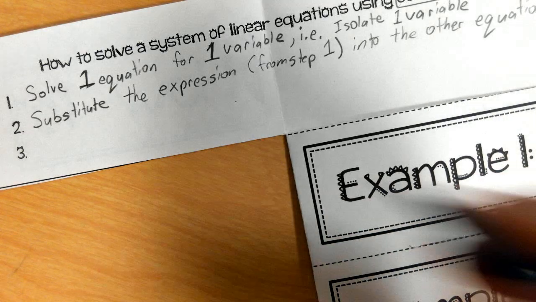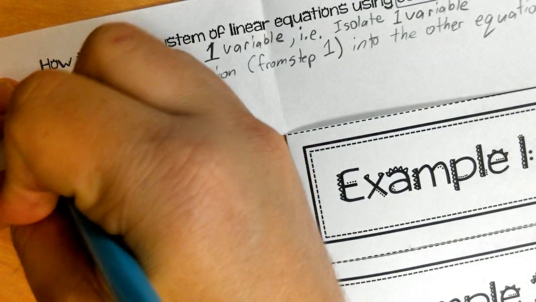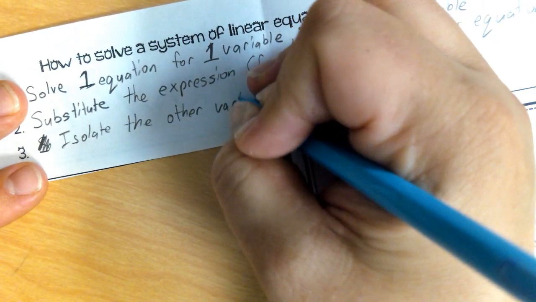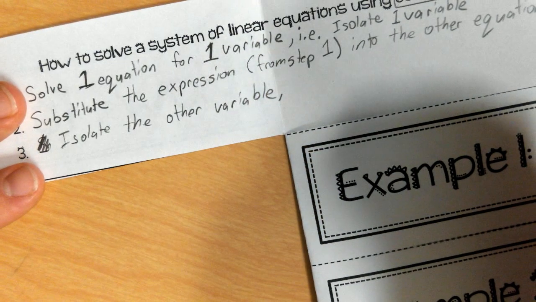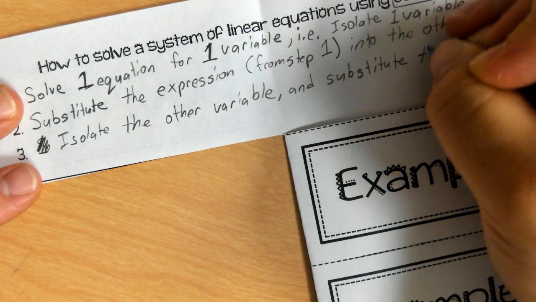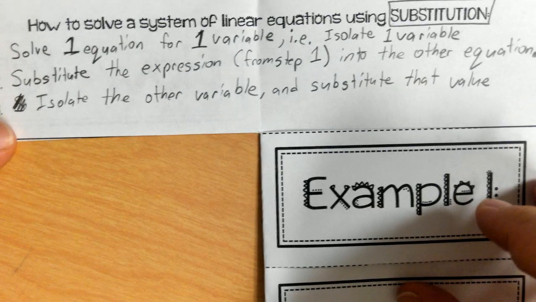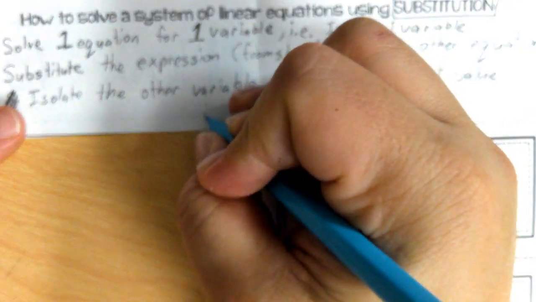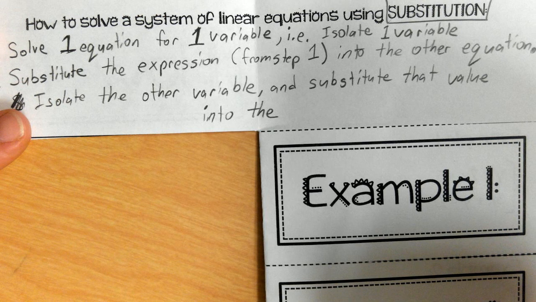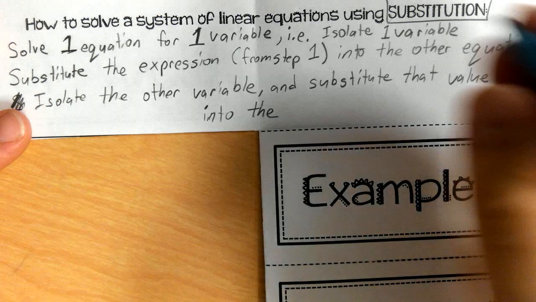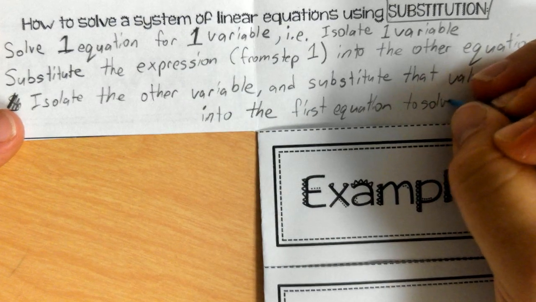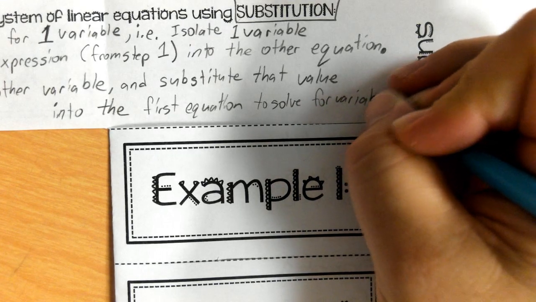And step three, isolate the other variable and substitute that value into the first equation to solve for the variable.